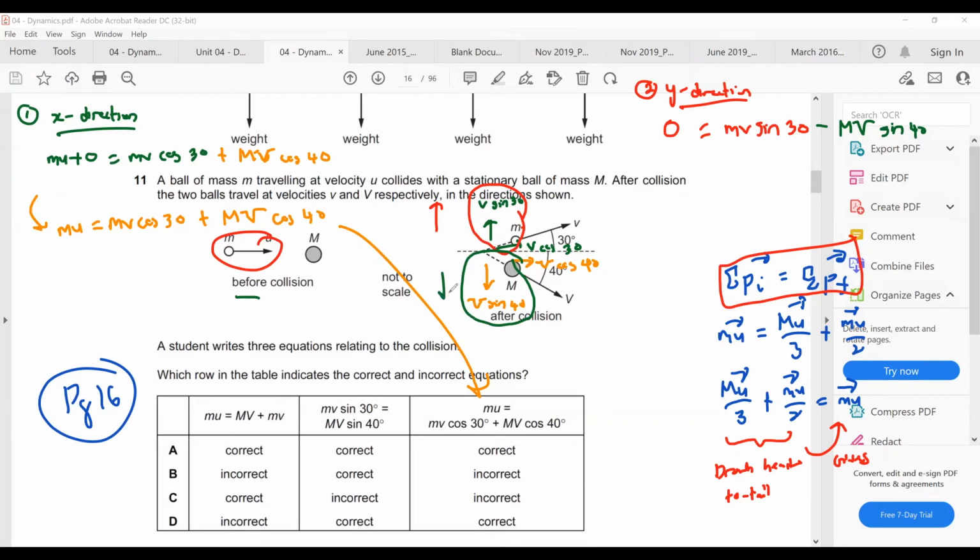This one was momentum in this direction. If you assume your sign convention is upwards positive, this will be negative. This will be positive. That's the reason why you have the negative here. So this one you get mv sine 30 equals to m big V sine 40, which will in turn be equals to what you see here.